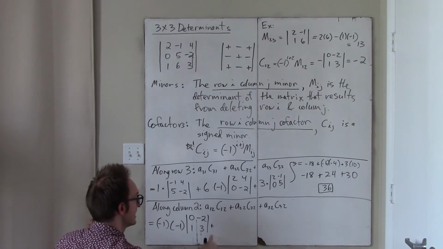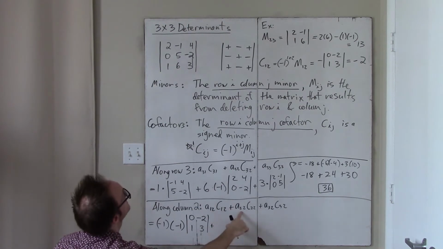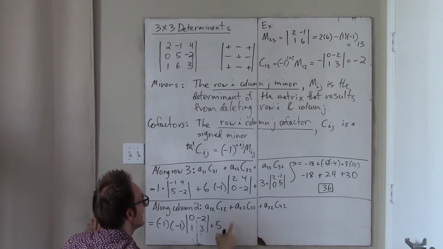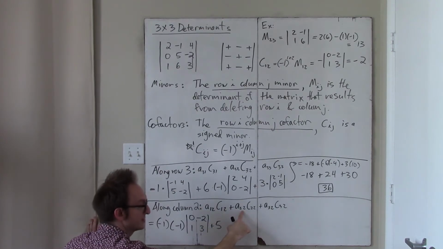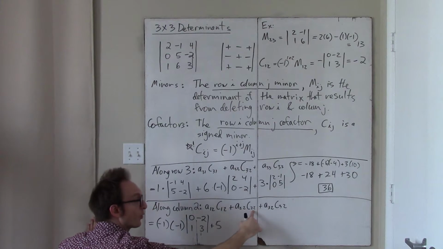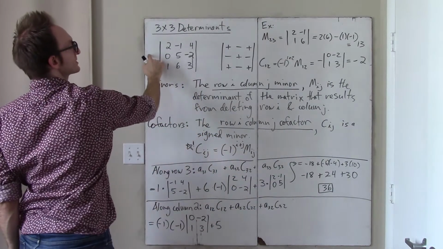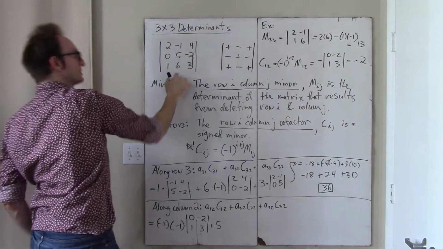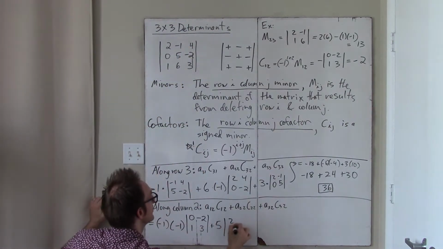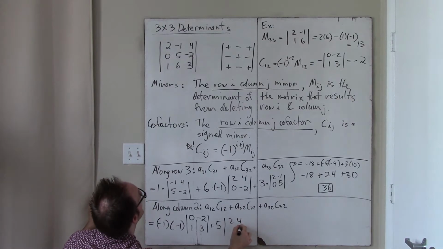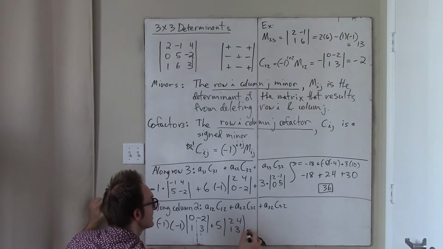Plus, A22 is 5, and 2 plus 2 is 4, that's even, so I don't put a -1 in front of the 2,2 minor, the matrix that results from deleting row 2 and column 2, leaving me with the 2 by 2 matrix 2, 4, 1, 3.